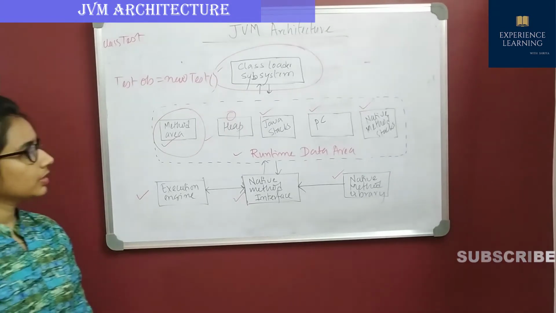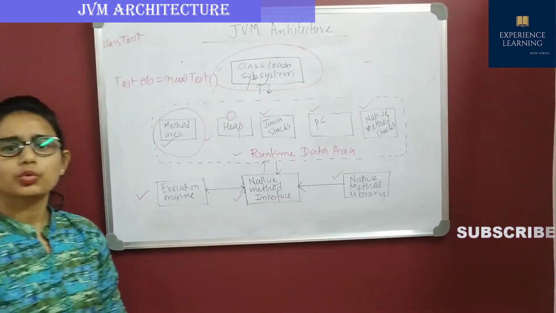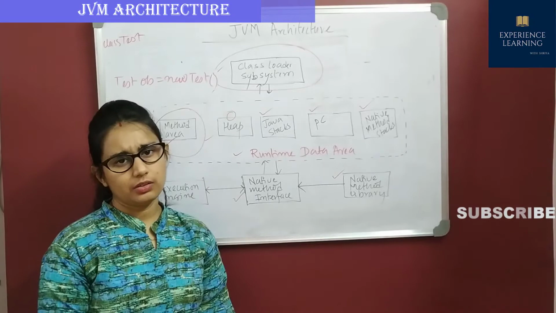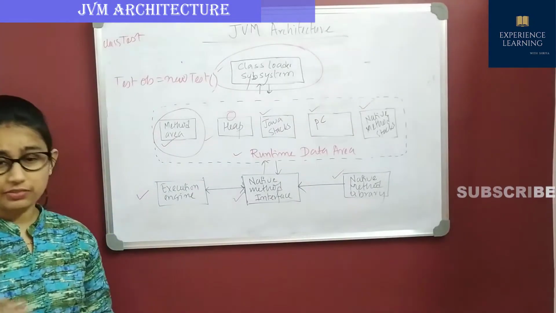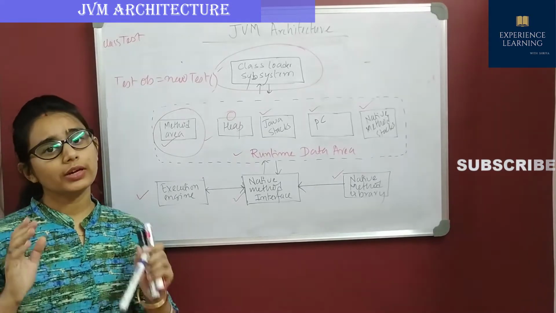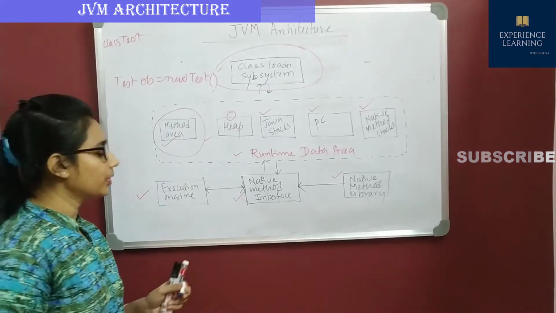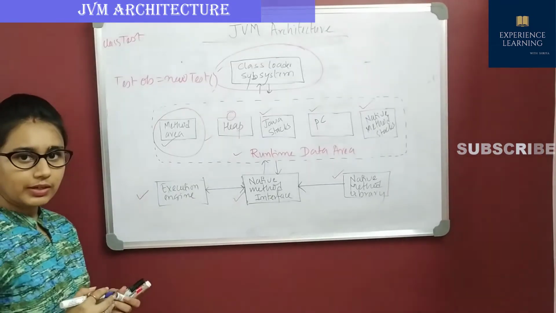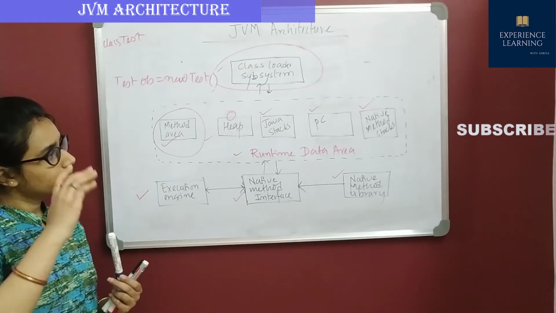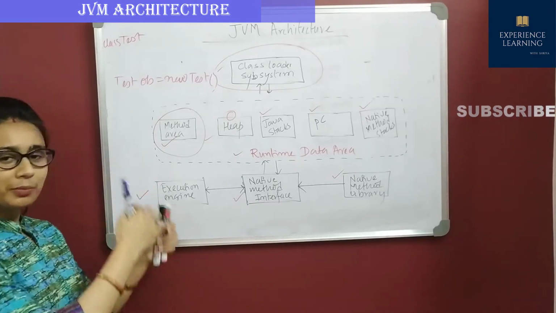Next one is the Java stack. I think you know about stack and activation record management. The stack is where the actual execution starts. For example, when Java code is written, the execution starts from main. So first main will be loaded.